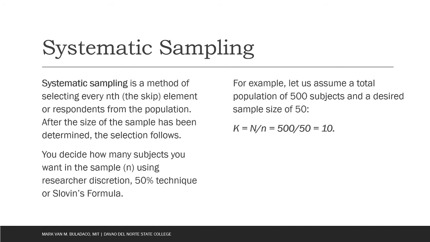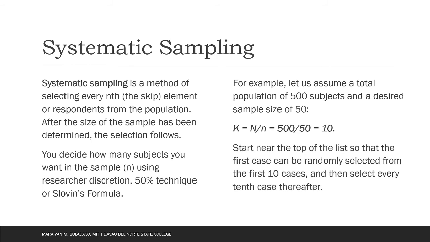So to get the skip or the nth element, you divide the 500 subjects by the 50 sample size. So your skip is 10. That means you will select elements or persons or respondents in your research every 10th in the population.